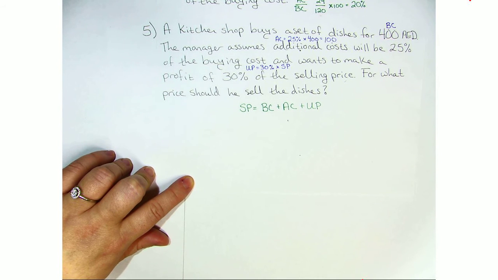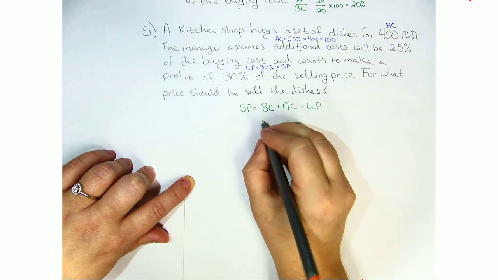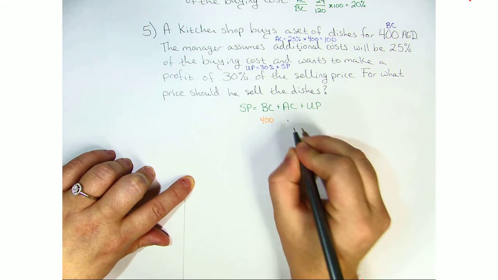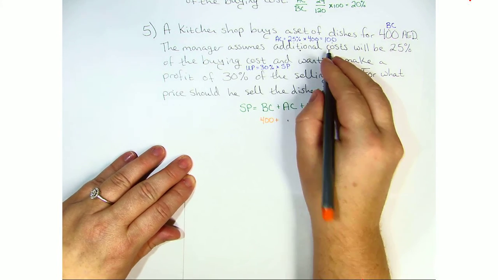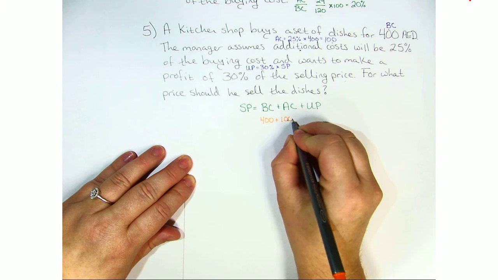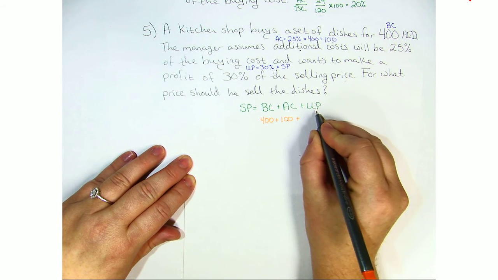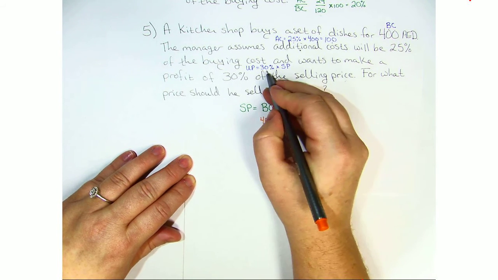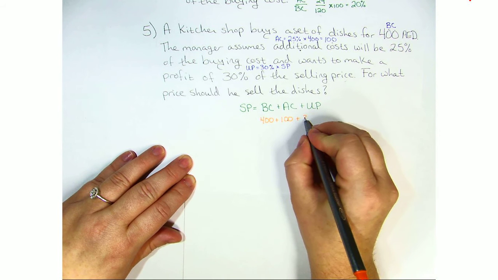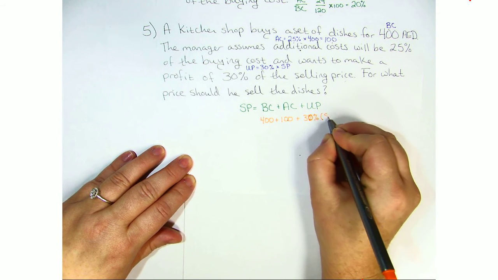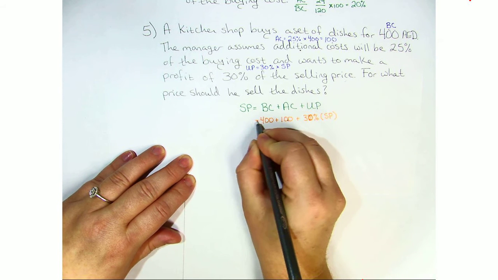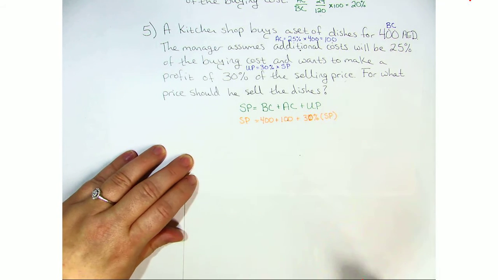Now, the buying cost was already given to us in our problem, 400 dirhams. The additional cost was also given, but we had to solve it a bit, and it was 100 dirhams. And the unit profit we leave as an equation. So 30% times the selling price. And all of this together equals the selling price.